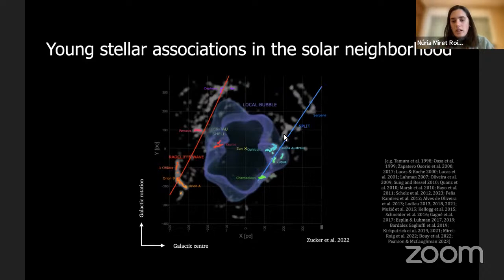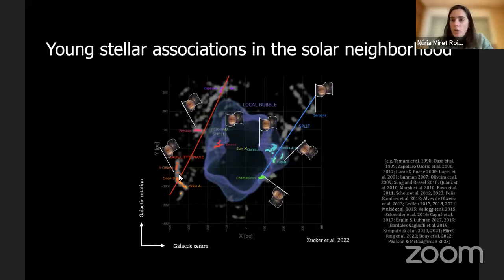All these are very young star-forming regions around the sun at distances of less than 200 to 400 parsecs. And nowadays, we have already identified some free-floating planets in all these regions. And what this is telling us is that free-floating planets are, in fact, a very common product of star formation.